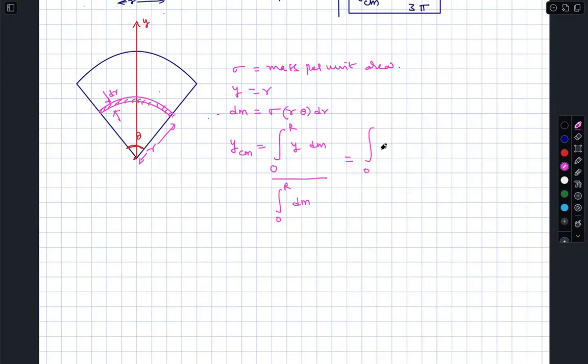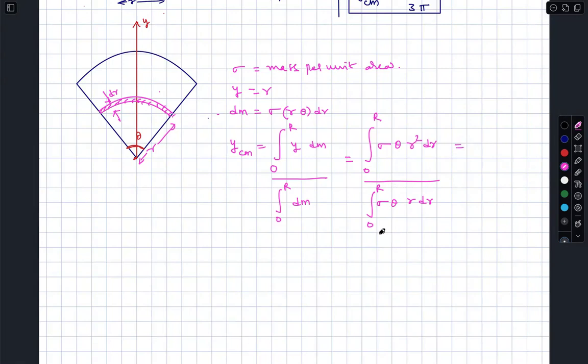Which is the integral from 0 to capital R of sigma theta R square dr, by the integral from 0 to R of sigma theta R dr.